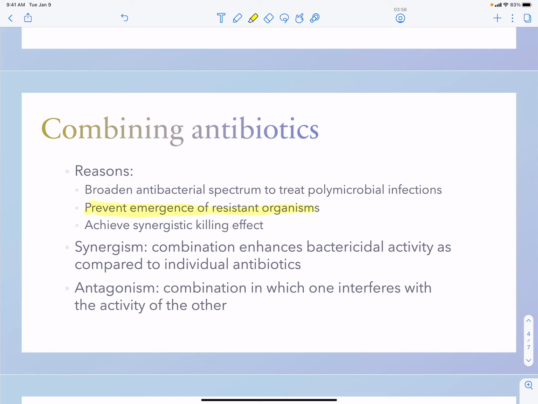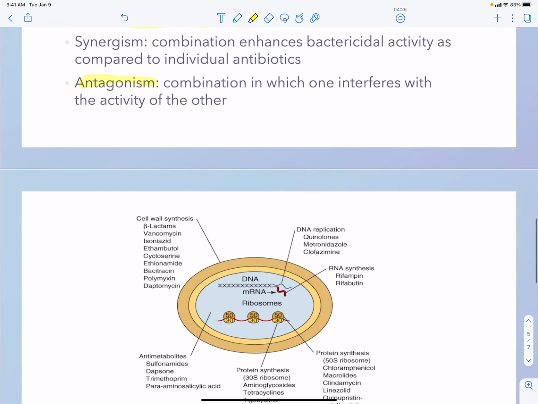You can also have synergy with killing, and so a severe infection might require more than one type of antibiotic to get it under control. So synergism is combinations that enhance the bactericidal activity of the combination rather than just the individual antibiotics alone. And of course, you want to avoid antagonism where one antibiotic is going to interfere with the activity of another.